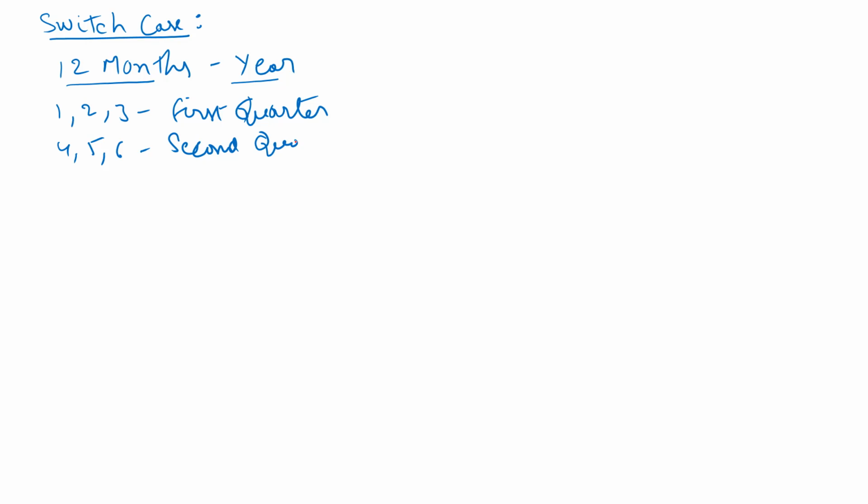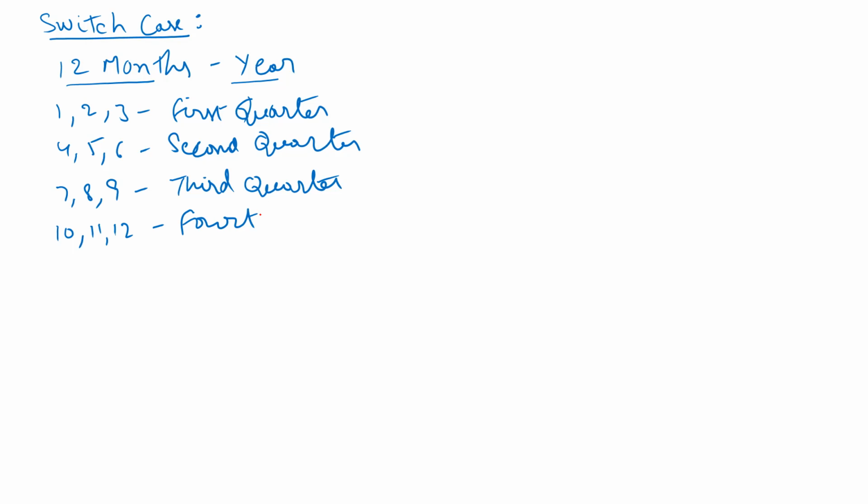This is 1 year, and within these 12 months, months 1, 2 and 3 belong to the first quarter, months 4, 5, 6 belong to the second quarter, 7, 8, 9 belong to the third quarter, and 10, 11, 12 belong to the fourth quarter.